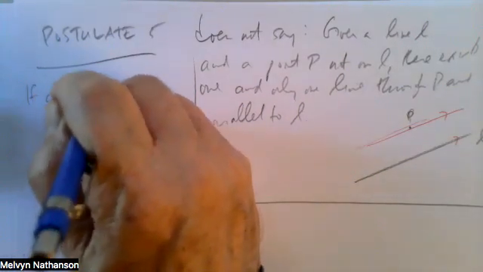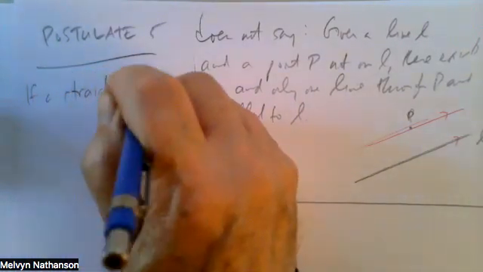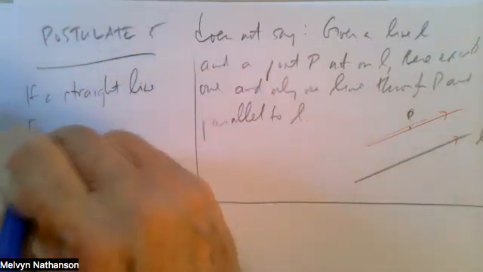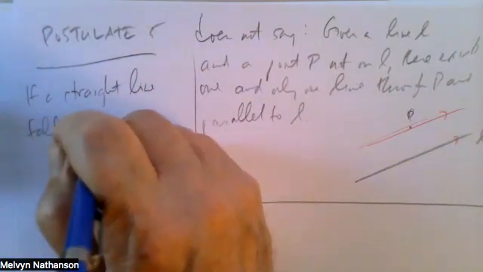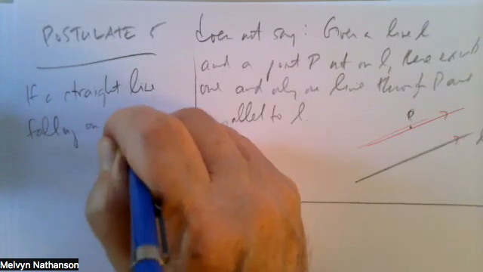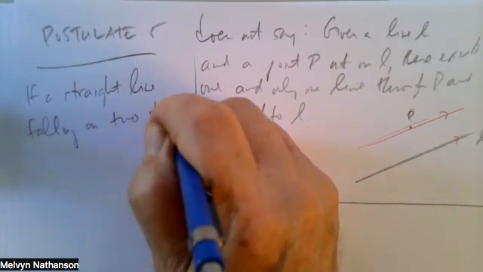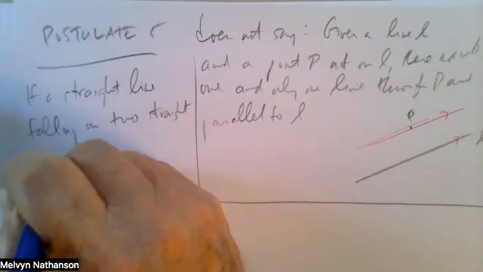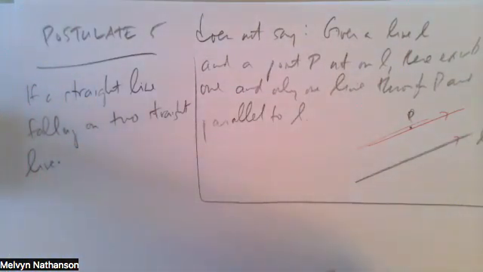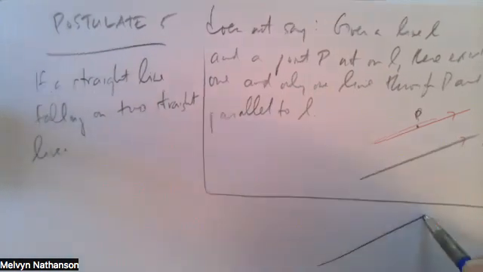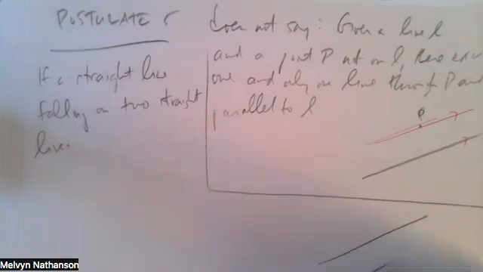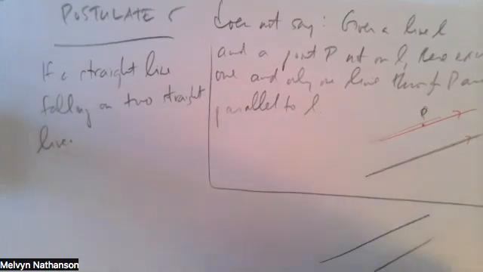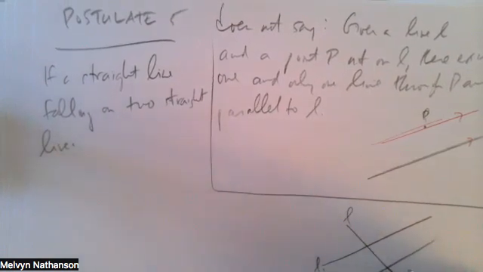If a straight line falling on two straight lines. What does it mean to say two straight lines and then another line is falling on them? Here you have two lines, and here we have a line L falling on them.